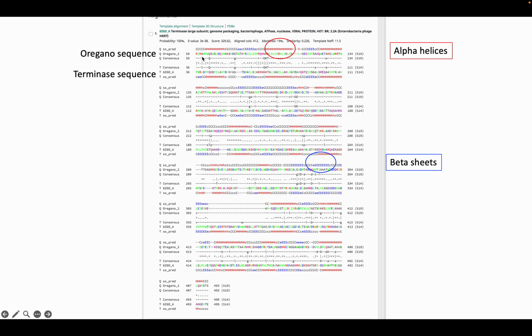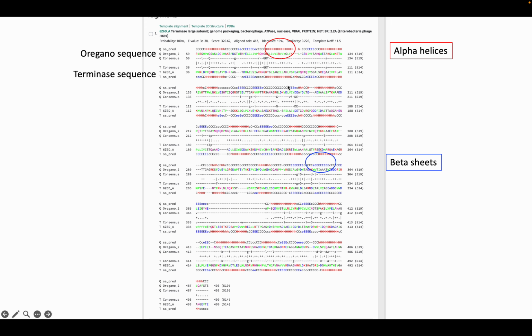Let me show you how to read this alignment. So very quickly, on the top is the sequence of the Oregano sequence, or query protein. And on the bottom of the alignment, right here, is the sequence of whatever the target protein, the hit the HHpred found. And in this case, it is our friend, the terminase large subunit from HK97. Below the sequence of the target protein is what the known secondary structure is.